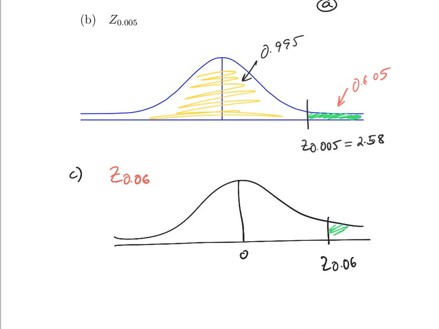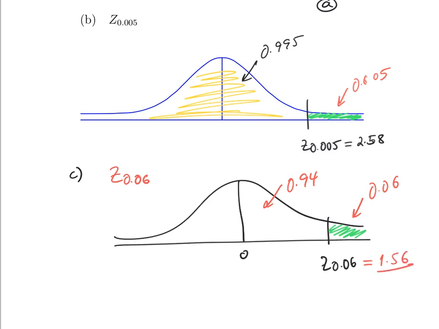So this area is 0.06. So therefore, the area to the left will be 0.94. And then you look to the table. What's the closest thing to that? 1 point what?